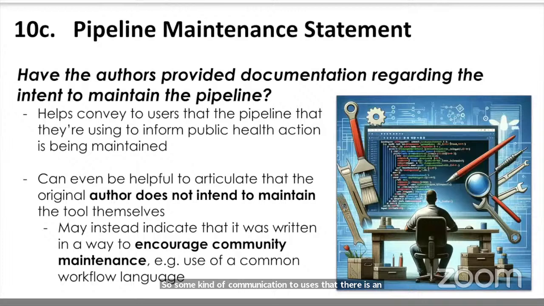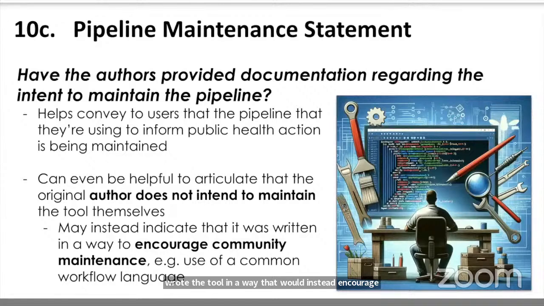And in some instances, this statement may indicate that the developer themselves don't actually intend to maintain the pipeline. Instead, maybe it's coming from someone who may be on their way out of a laboratory, but perhaps the author wrote the tool in a way that would instead encourage some kind of community maintenance.